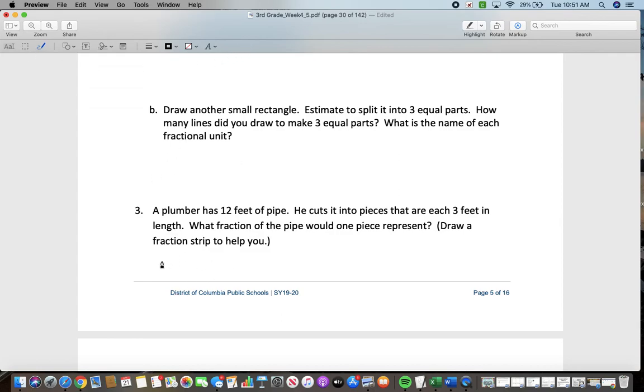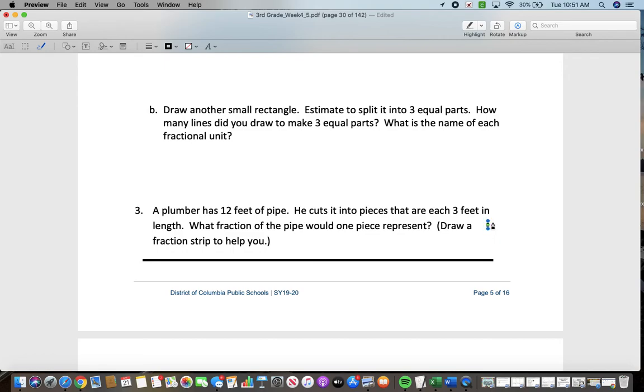And so if you are to draw your fraction line, okay, and then it says he cuts it into pieces that are each 3 feet in length. Now we know that this is a total of 12, right? So it's 12. And I already had told you we can use our division skills.